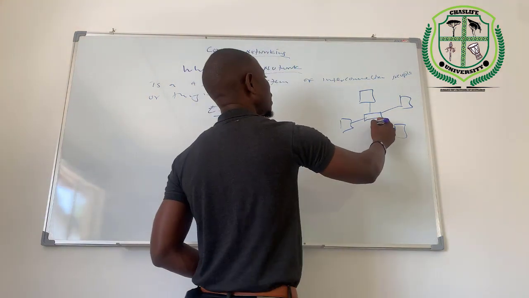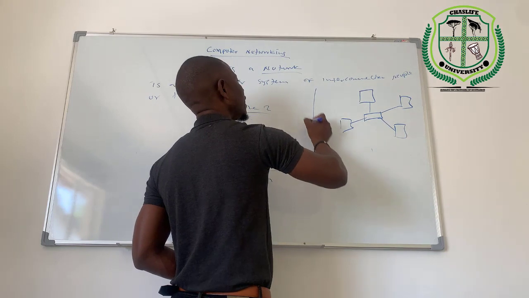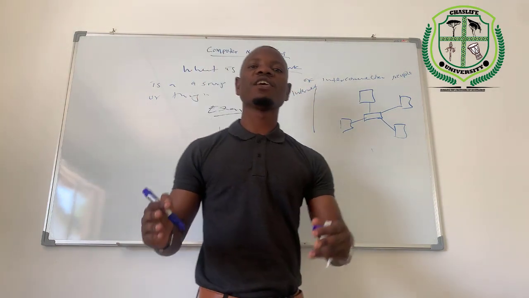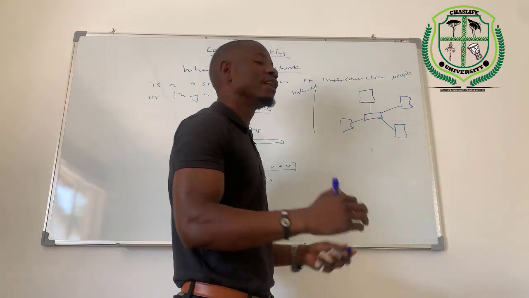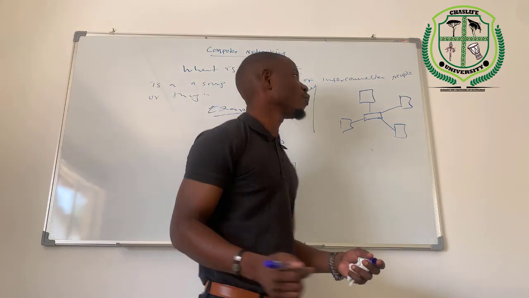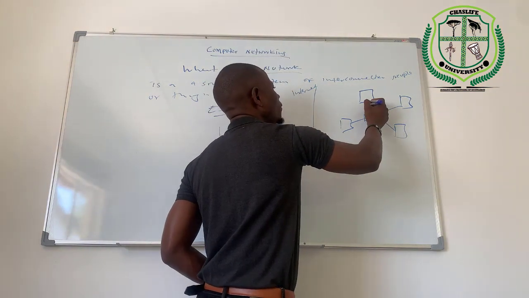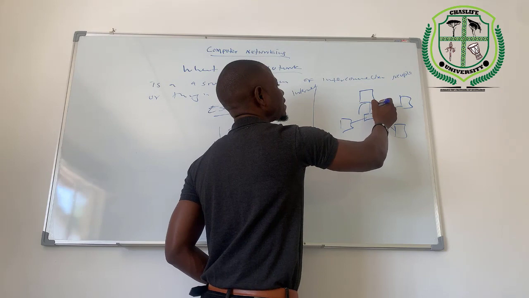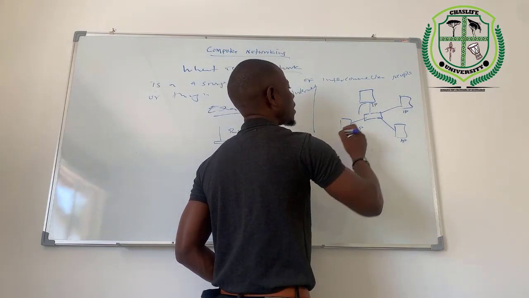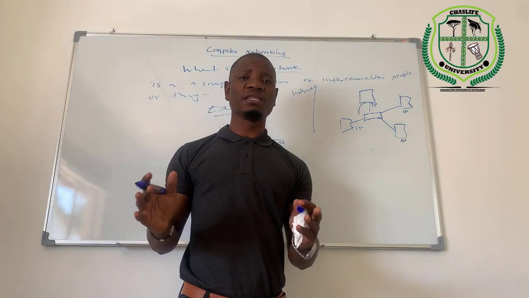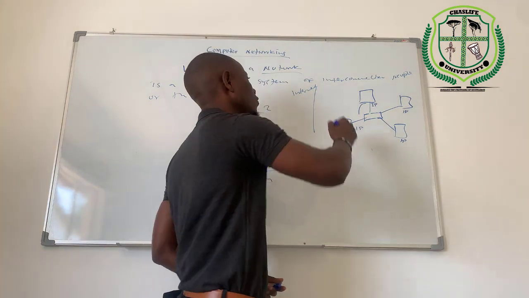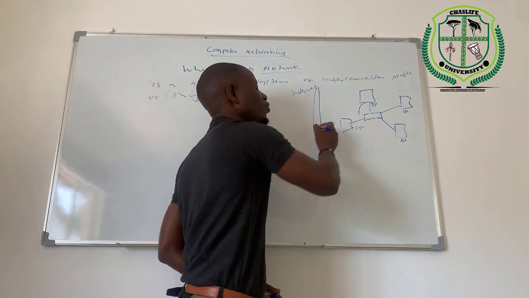Now, if these computers want to connect outside, meaning the internet, they have to engage a router or a gateway. So within these 4 computers, the IP address is the same. But the moment you want to connect to the internet, it has to pass through the router.